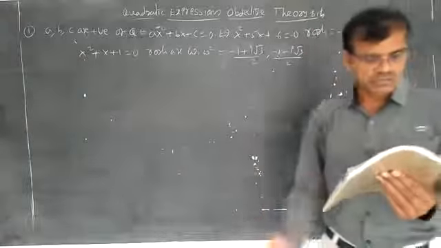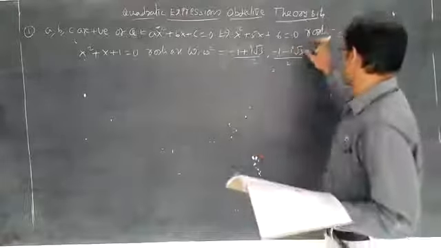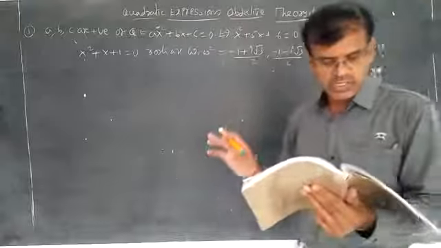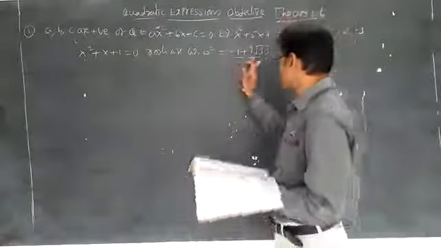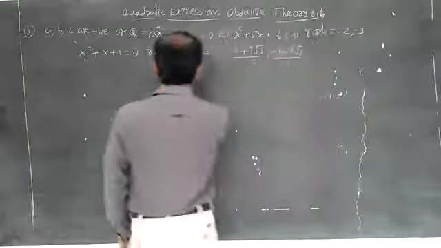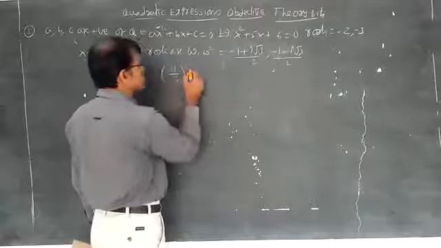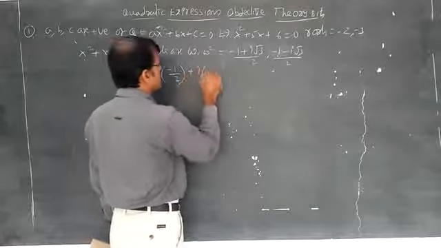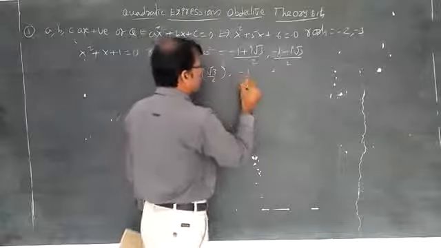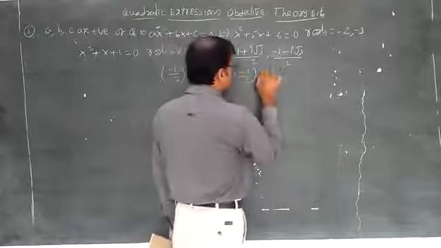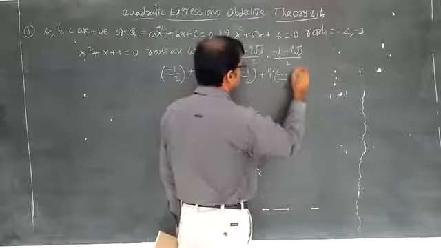Now what is happening? First half is okay. Are they real and positive? It is real, not negative. So don't consider the second option. Consider the third option, negative real parts. You can write minus 1 by 2 plus i of root 3 by 2 comma minus 1 by 2 plus i into minus root 3 by 2.